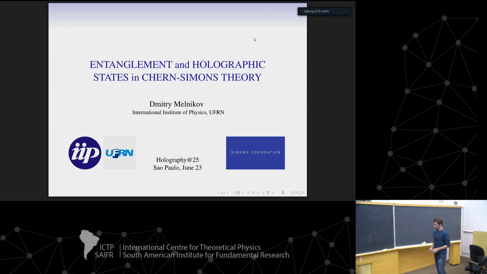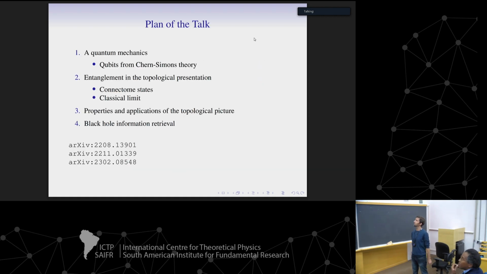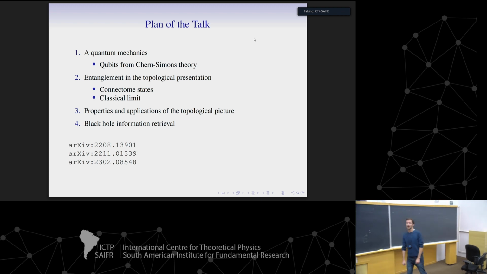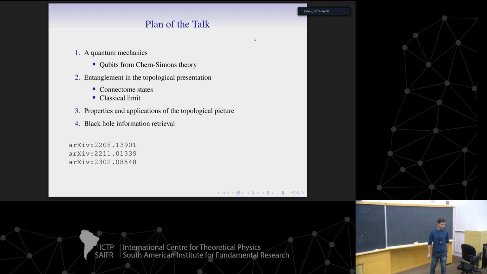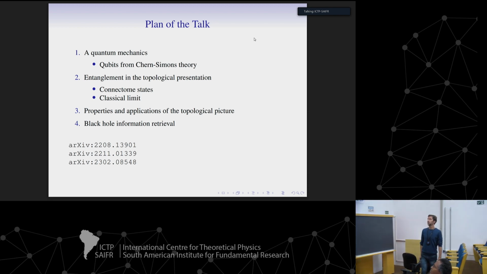Okay, so what I'm planning to talk about is a certain quantum mechanics that comes from quantization of Chern-Simons theory. What I will try to show to you is that it gives a very intuitive picture description for quantum entanglement and other fundamental properties of quantum mechanics.